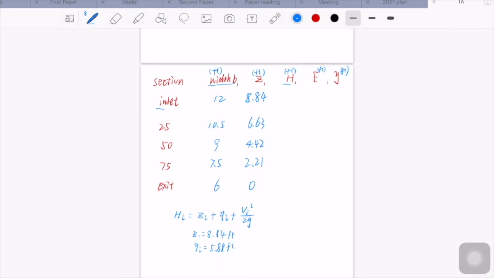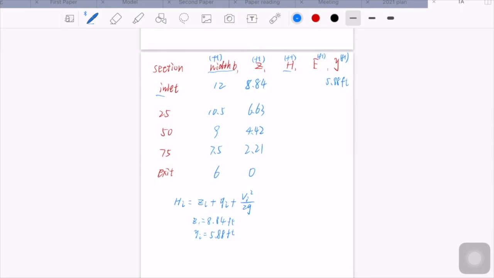And the VI equals 7.09 feet per second, so we can determine the total energy head at the inlet section. HI equals 15.50 feet.